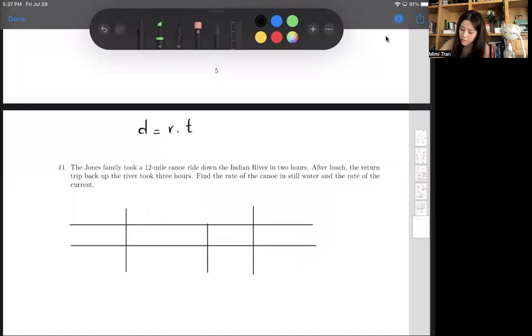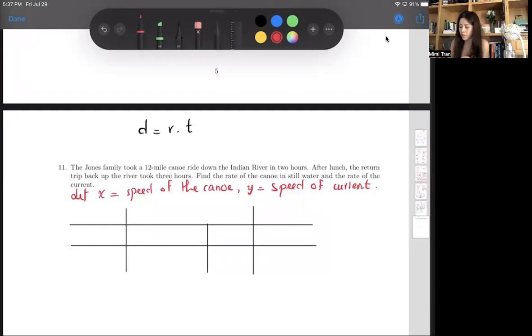I'm going to say, let x be the speed of the canoe, and y be the speed of the current. You know what? Let me do this. I'm going to let B and C. B is the speed of the boat, and C is the speed of the current. So it's easy to remember.